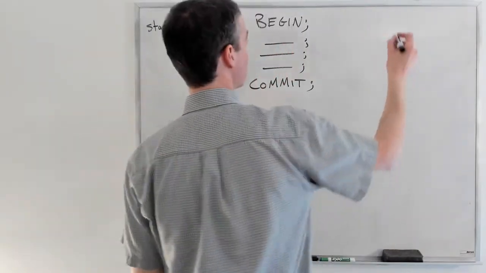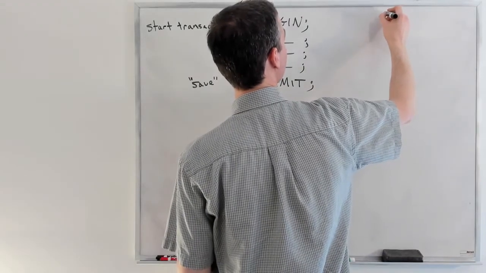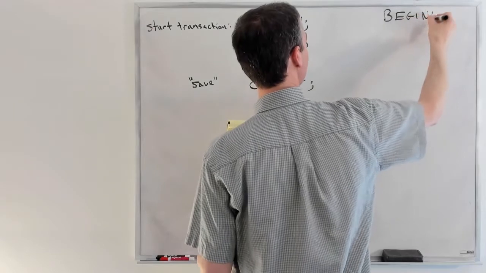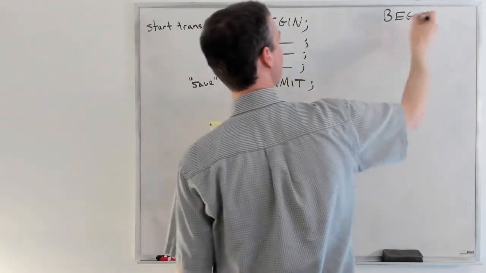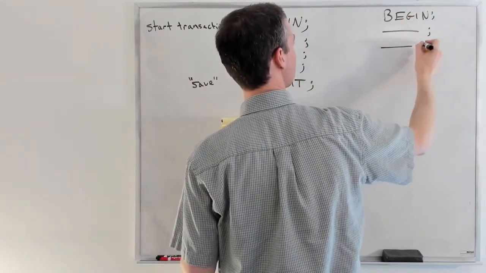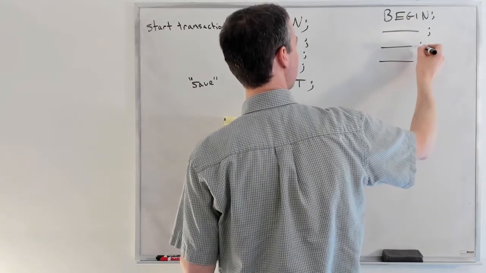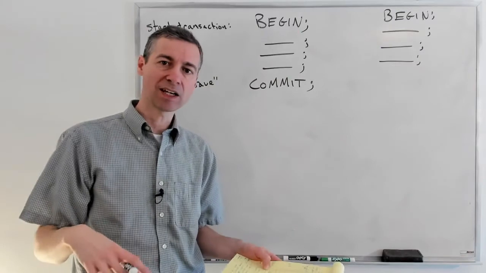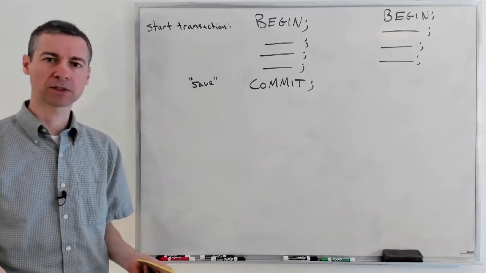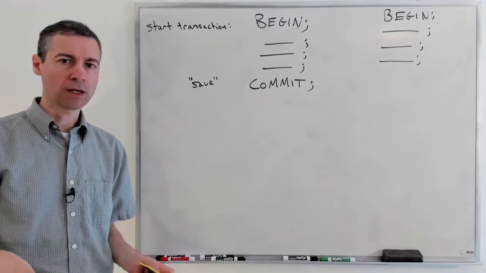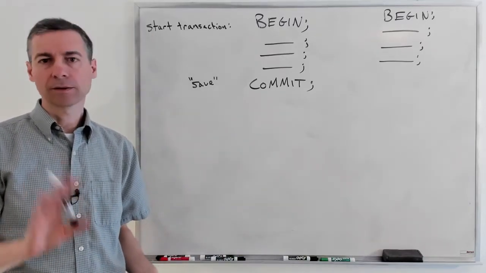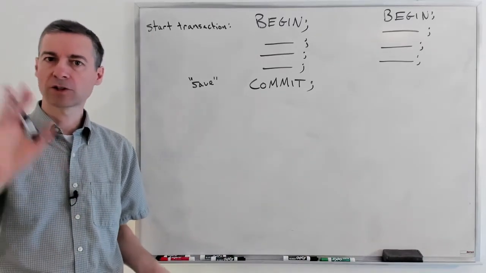Then another notion. Let's say we're going to run something. We do our transaction, begin, we do our statements. Now let's say in the midst of it, an error doesn't occur, but we write logic and we go, wait a second, something's not right here. I don't want to commit this stuff to the database. I'm going to bail out of my transaction.